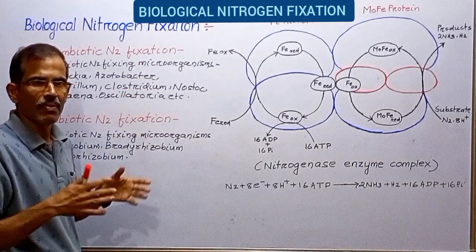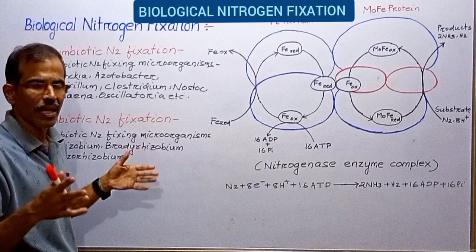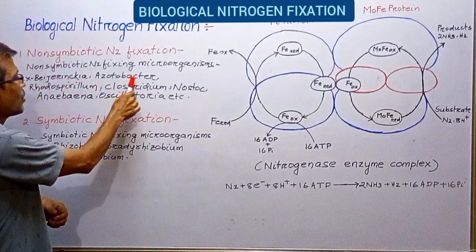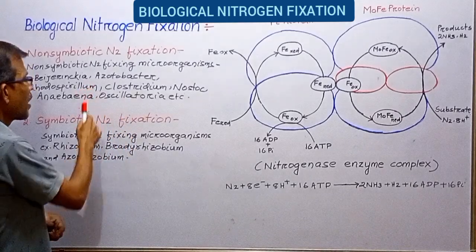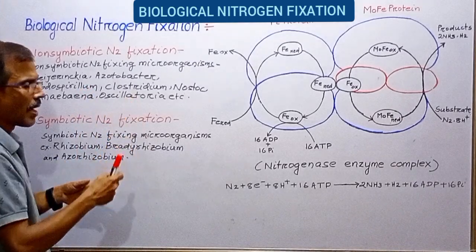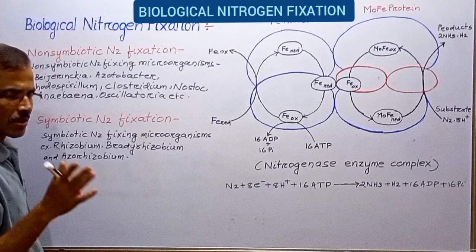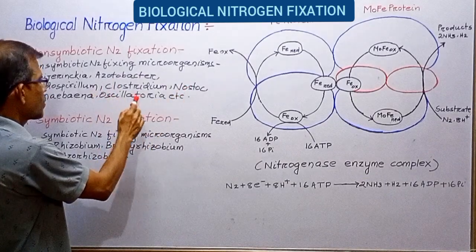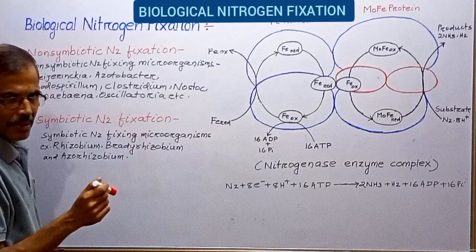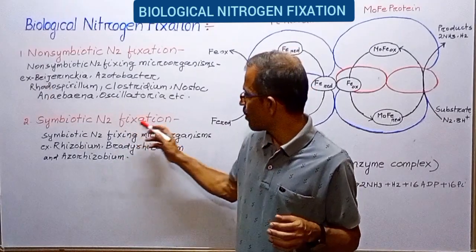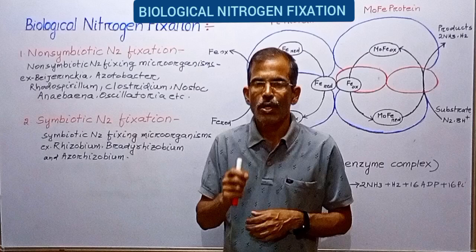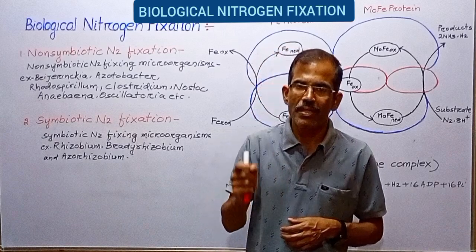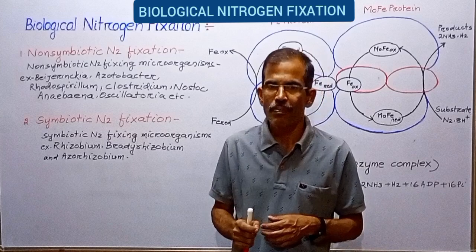Examples of free-living bacteria which fix atmospheric nitrogen are Beijerinckia, Azotobacter, Rhodospirillum, Clostridium and blue-green algae or cyanobacteria such as Nostoc, Anabaena, Oscillatoria, etc. The second type is symbiotic nitrogen fixation, which is the reduction of atmospheric nitrogen by symbiotic microorganisms.